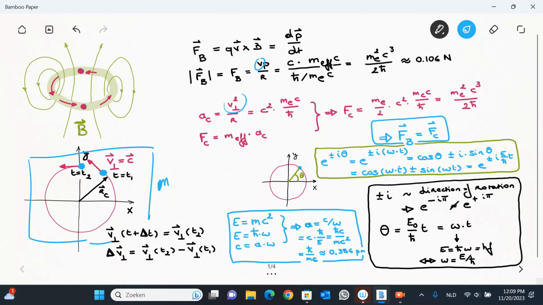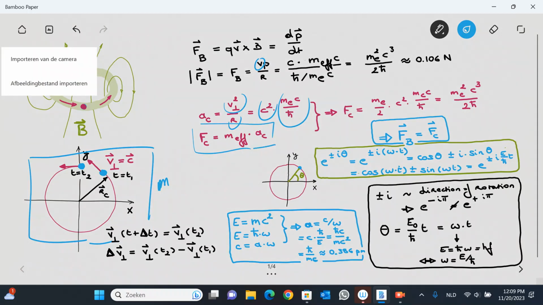So if we replace that, we have v squared, which becomes c squared. Same thing with the radius, which we just calculated. It's h bar divided by m_e times c.